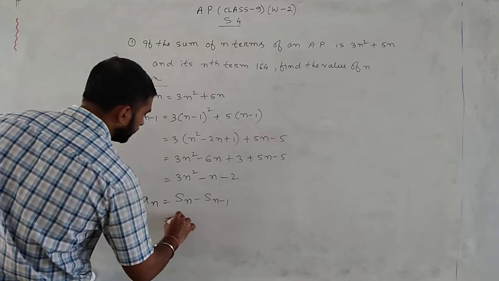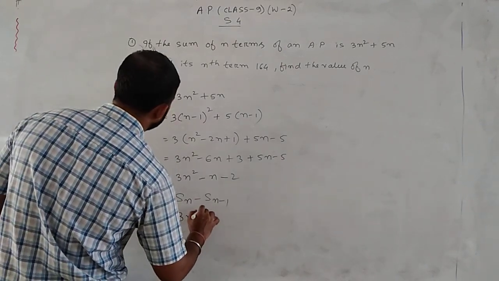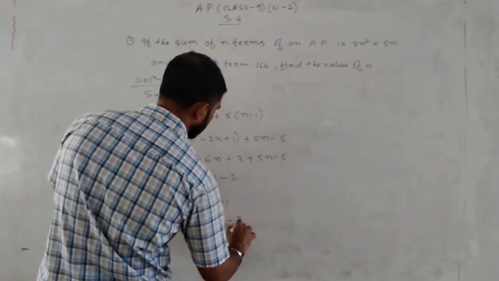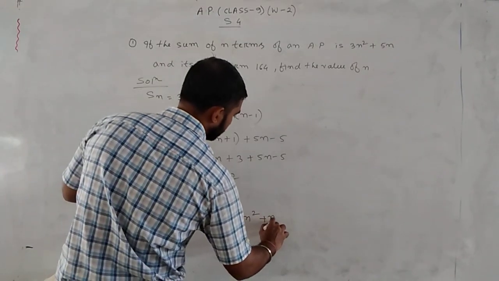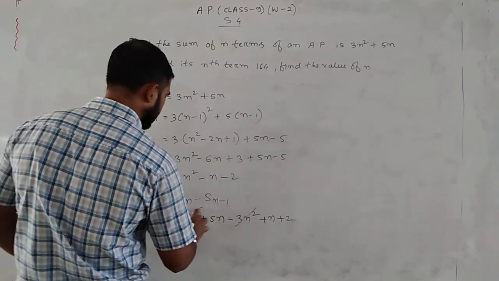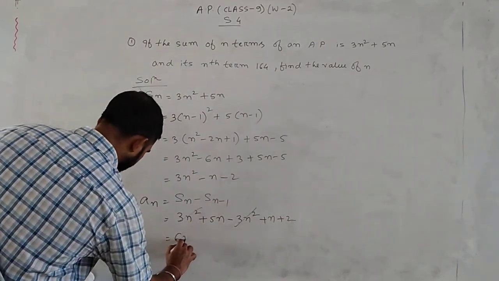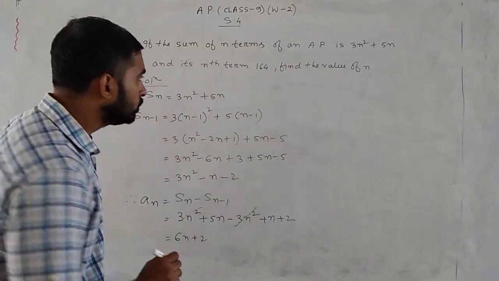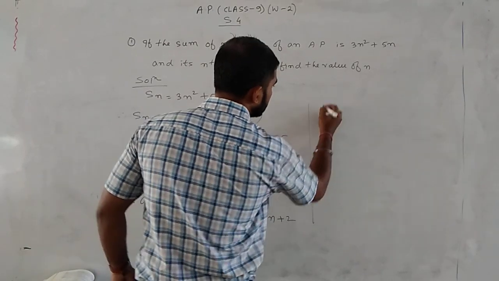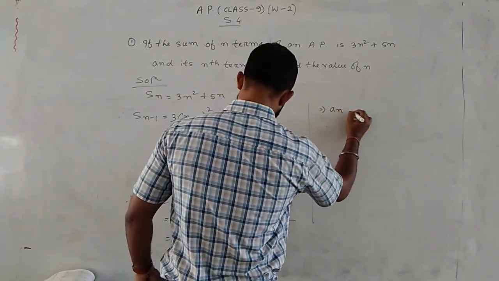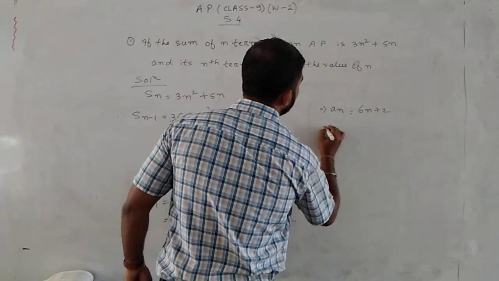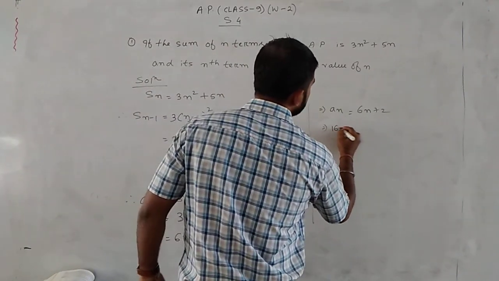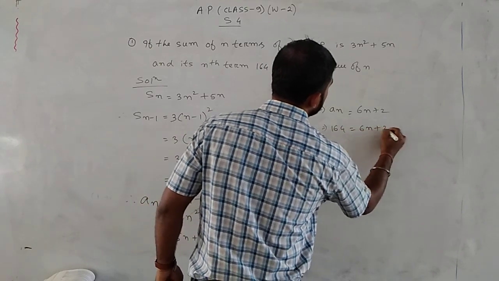Sn equal to 3n square plus 5n, and Sn minus 1 is 3n square minus n minus 2. The 3n squares cancel, so 6n plus 2. Now an equal 6n plus 2. What is the value of an? 164. So 164 equals 6n plus 2.